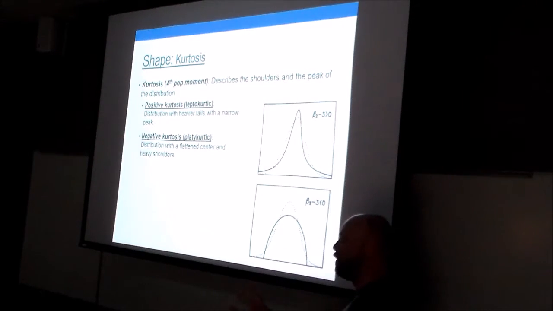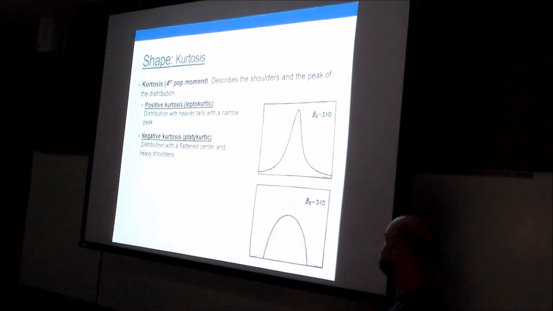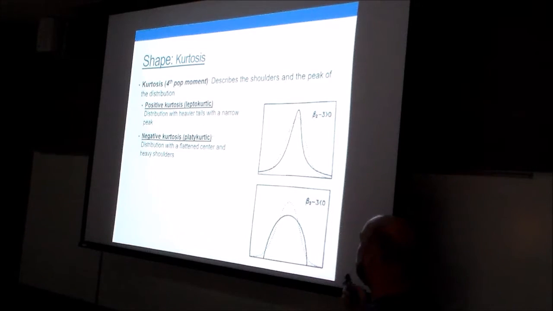Okay. Fourth population moment is going to be our kurtosis. People sometimes have a hard time conceptualizing kurtosis. This fourth population moment describes the shoulders and the peak of a distribution. If we're talking about positive kurtosis, this is the leptokurtic distribution. A leptokurtic distribution has heavier tails with a narrow peak.